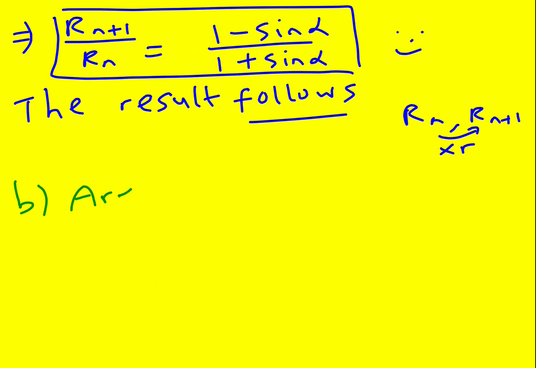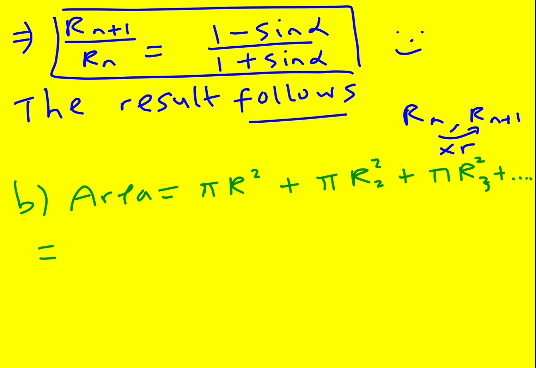So the area is going to be pi r squared is my first one, plus pi r2 squared, that's my second circle, and so on. Now, we've just said that the relationship between each term is that we just times by this every time.